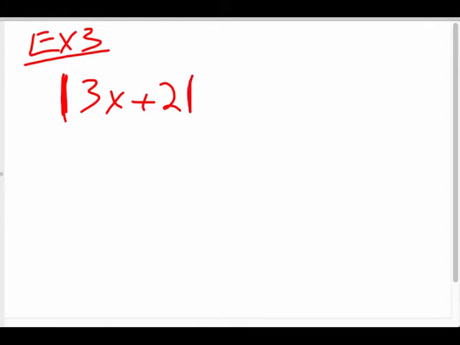So for example number 3, this is challenging. We have the absolute value of 3x plus 2 is equal to 4x plus 5.